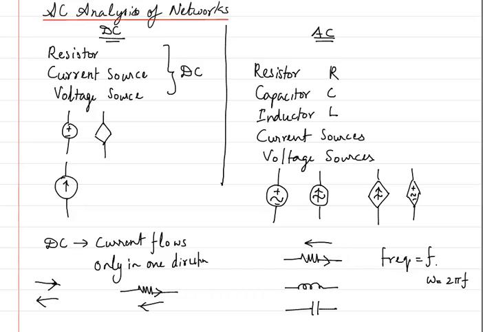Frequency is represented as F, or it may even be represented by omega, which is 2 pi F. Same is the case with inductor and similarly for the capacitor. How much time it takes to switch from one direction to another is dependent on frequency.